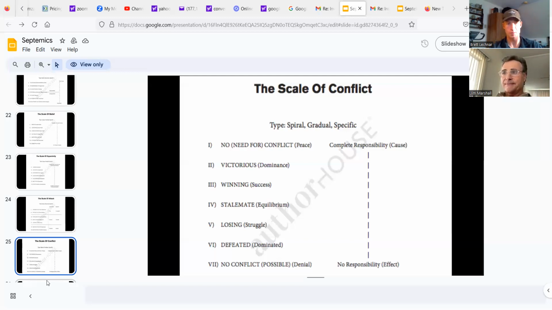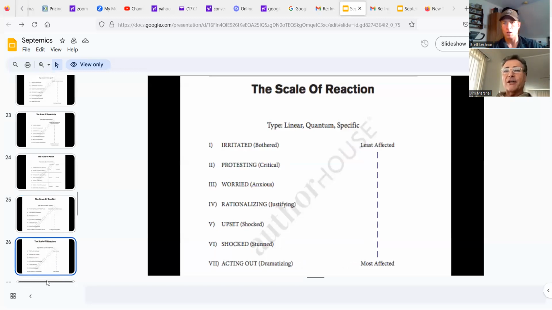Shall we go on? Okay, the scale of reaction. Now, let me define reaction. If you step on my toe and I say, ouch, it's a reaction. Now, most people, when they get in trouble, it's because they react. So let's say you're in a bar and the guy says, your mother's ugly. Her face looks like a camel.